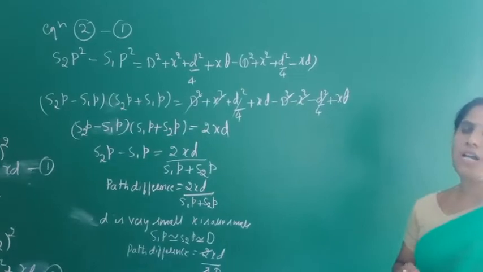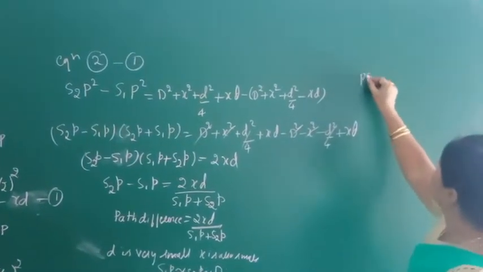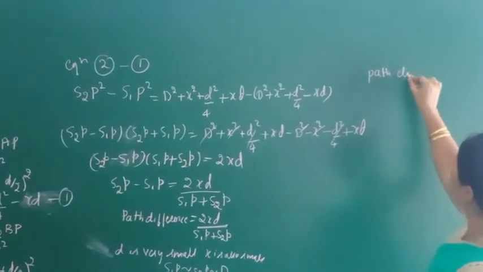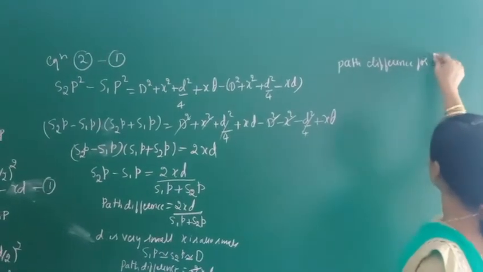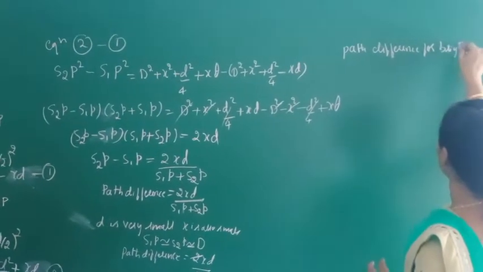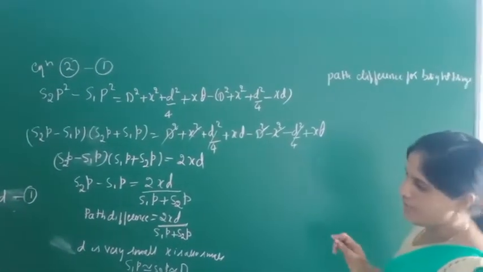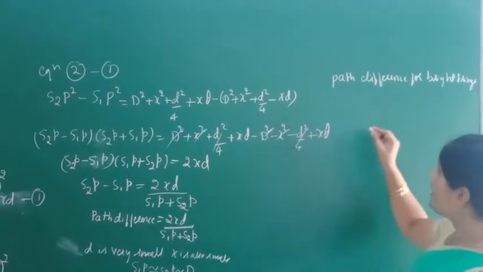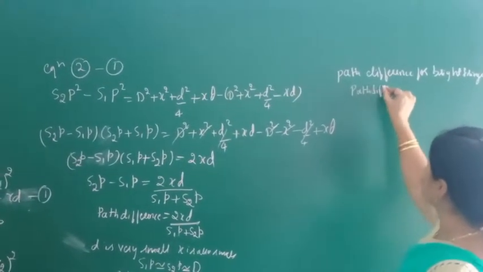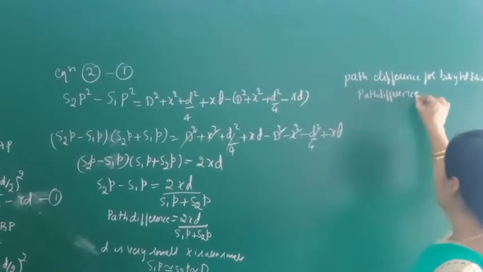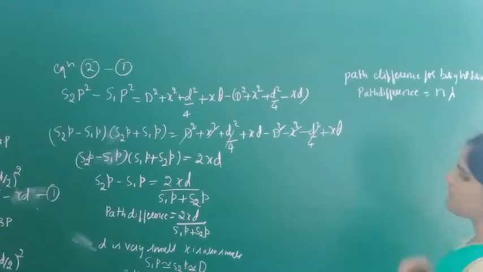In the previous session, we learned the condition for path difference for a bright fringe, that is, for constructive interference. The condition is path difference equals n lambda, where n is an integer and lambda is the wavelength.